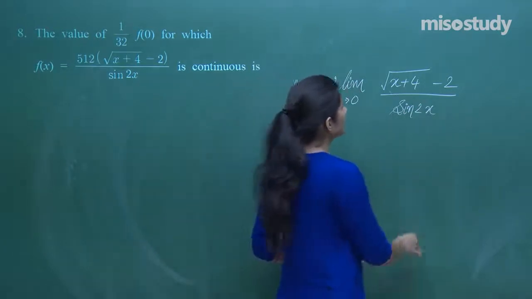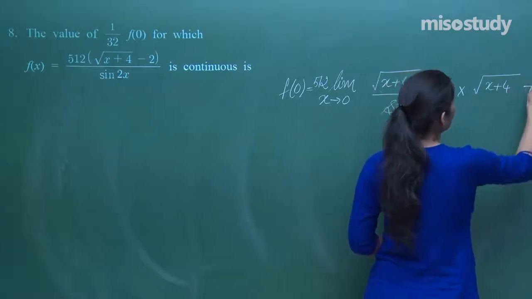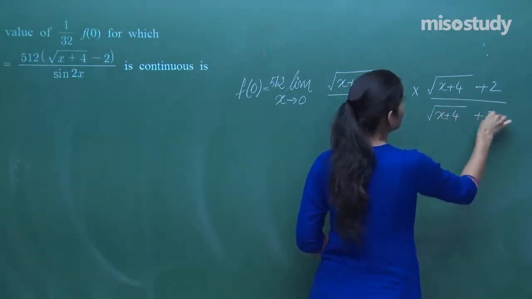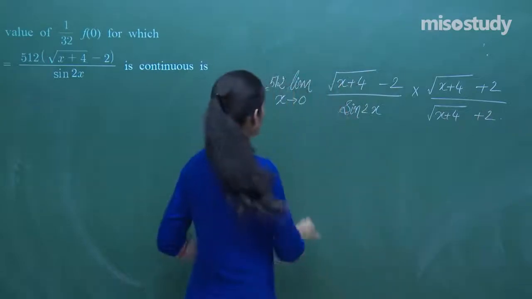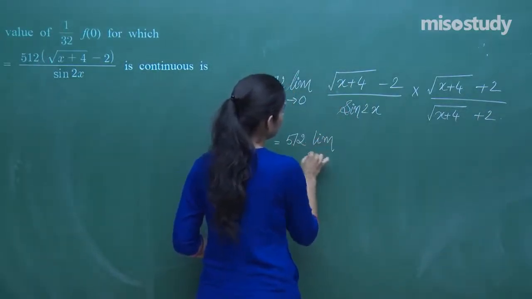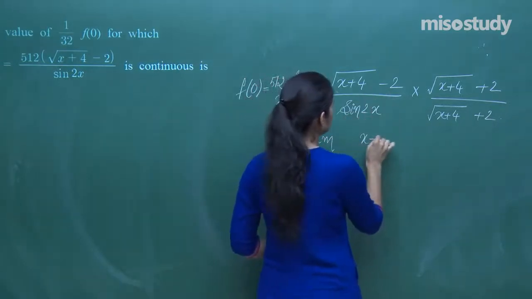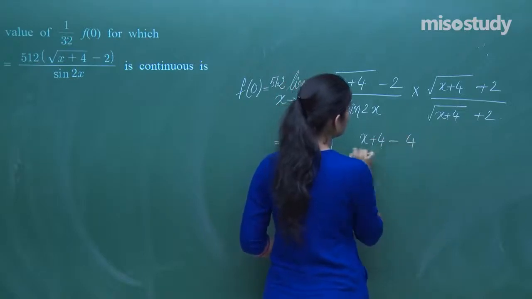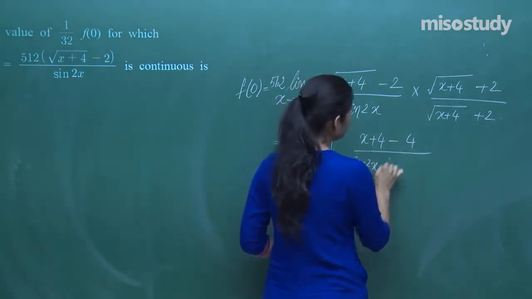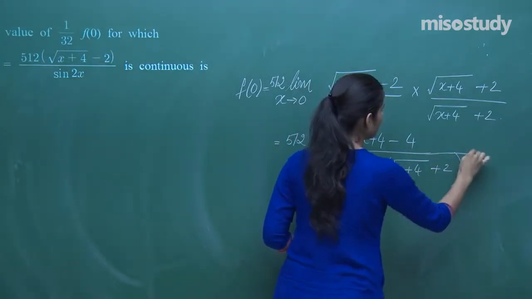Fine. Here what you can do is, just to solve, you can rationalize. Right. So you have 512 limit x tends to 0, a minus b, a plus b is a square minus b square, whole upon sine 2x into root over x plus 4 plus 2.